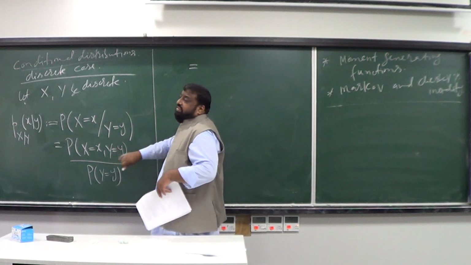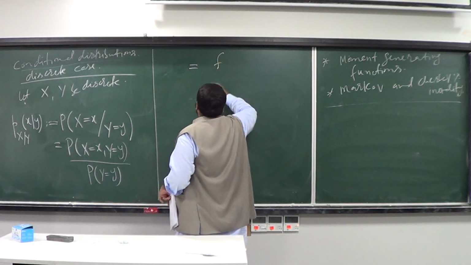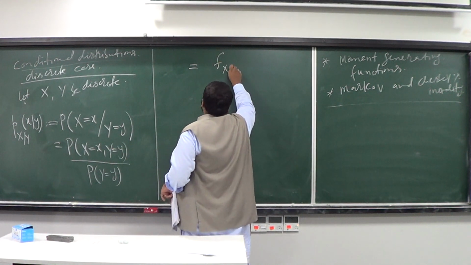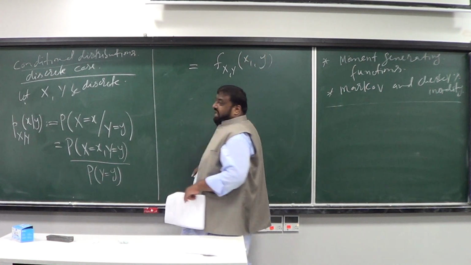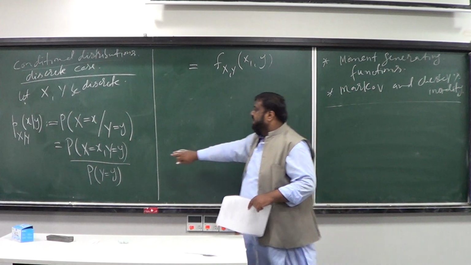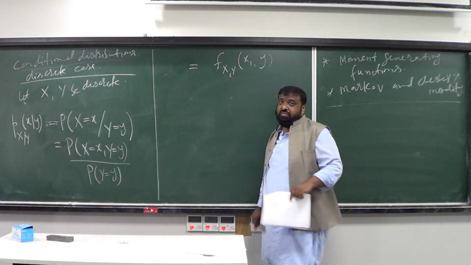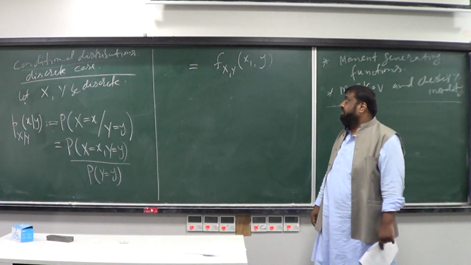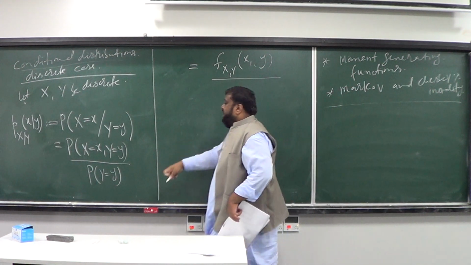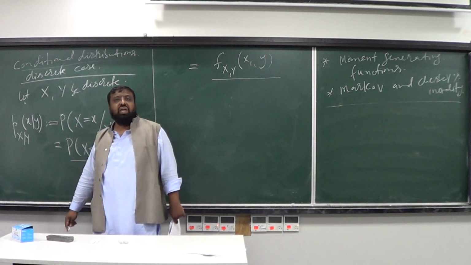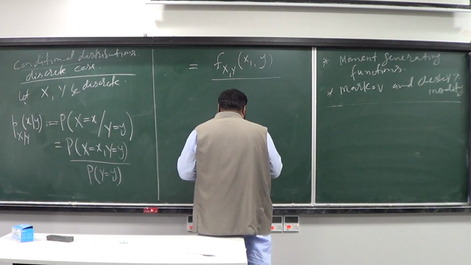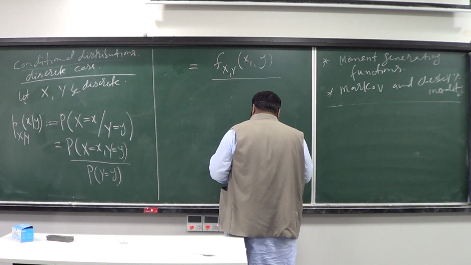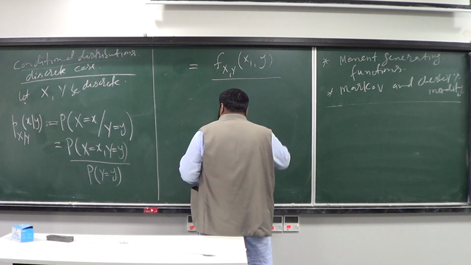So the probability that X is x and Y is y is really the joint PDF of X and Y, divided by the probability of y.